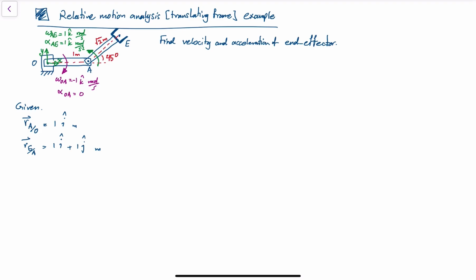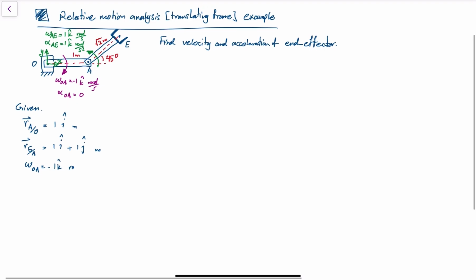I also know my angular velocities in vector form. So actually it is given omega OA is minus 1K, so rotating clockwise, radians per second. Alpha OA is given as 0. Omega AE is counterclockwise 1K radians per second.